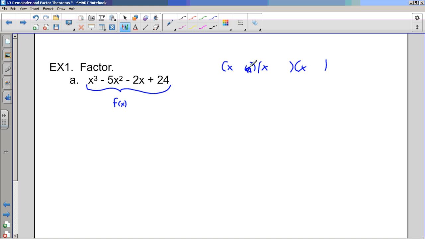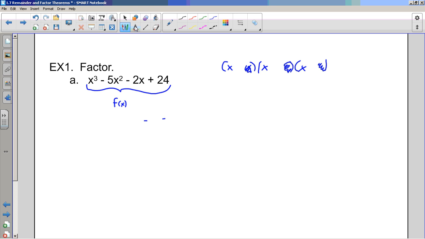These numbers, whatever they are, have to multiply to get to 24. So it doesn't make sense for me to try 5 or 7 because those numbers don't divide into 24. So what are the numbers that we're going to try? Well, 1 divides into 24, 2, 3, 4, there's lots of possibilities, but as soon as we get one of them, we're off to the races.